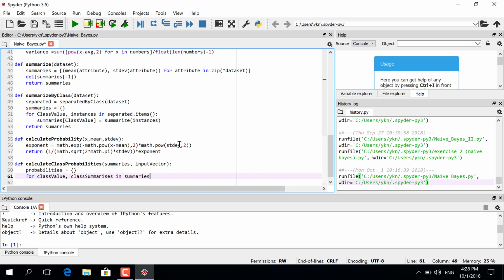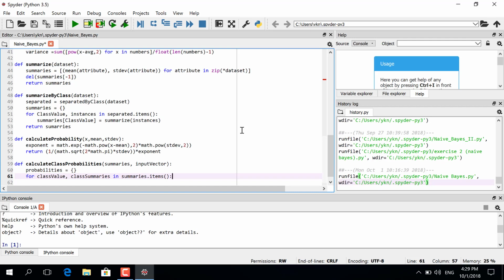in summaries. Yeah, it is not summarizes, but summarize. Now we have summaries.items(). What is .items()? It is nothing but we try to make an iteration for each row depending on the class of the row.